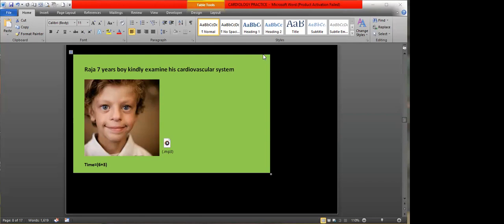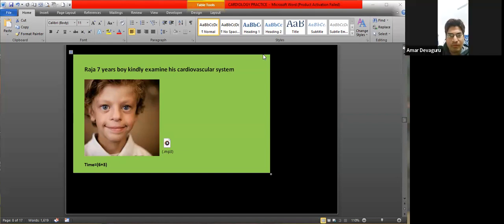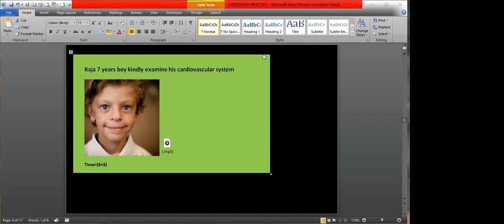Another important area: when you are examining the child during your introduction, you need to talk to the child, because this child usually has some developmental delay and low IQ. So you need to find it out, and mention it in the management part as well.